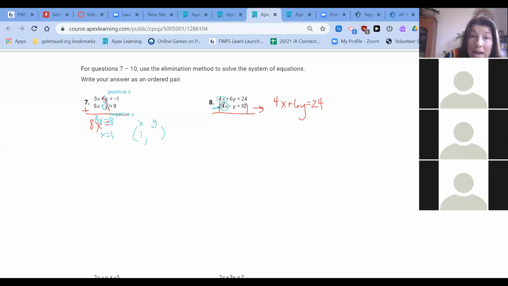So when I subtract that bottom equation, it's changing the sign of every single term. Notice there's 3 terms. Make sure you're changing the sign on every single term. Now notice when I add straight down, those x values will go away.